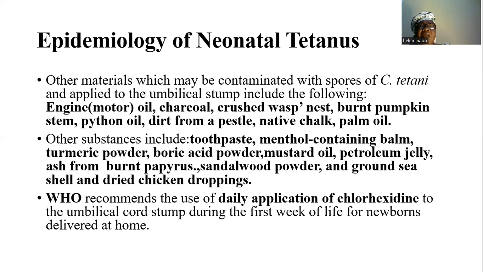Other substances include boric acid powder, mustard oil, petroleum jelly, toothpaste, menthol containing balm, turmeric powder, ash from burnt papyrus, sandalwood powder, ground sea shell, and even dried chicken droppings may be applied to the umbilical stump.